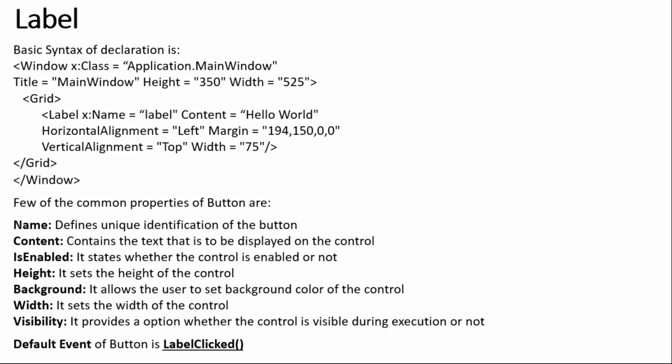Fine. Moving ahead, the text box. So again, Grid, TextBox x:Name equals to txt1.